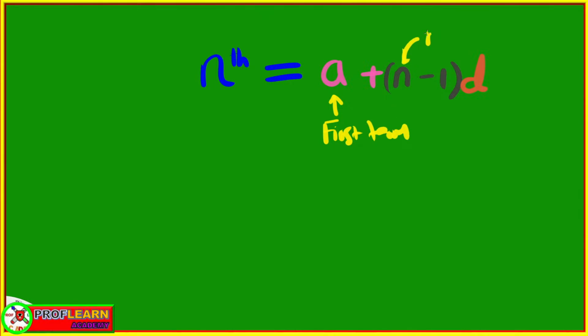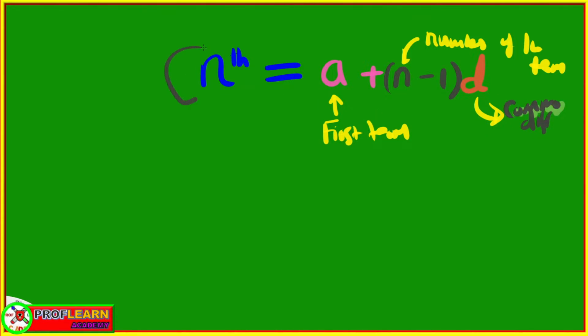If you are finding the nth term in a sequence, that's going to be given by a plus (n minus 1) into d. Here a is the first term, n is the number of the term, and d is referred to as the common difference.